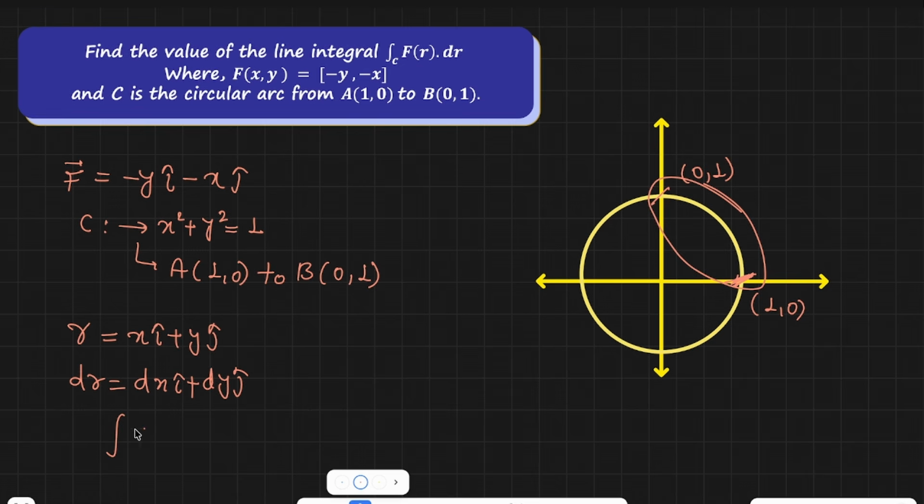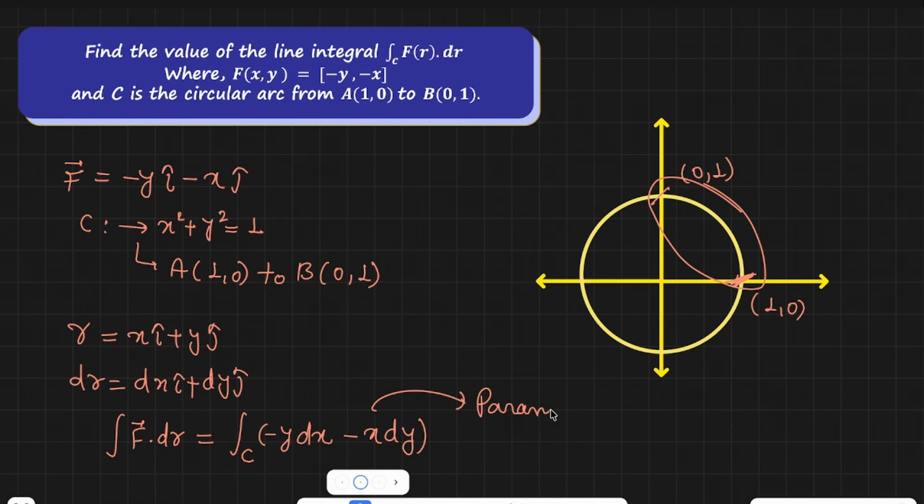You have to find out the integral of F dot dr. So your F dot dr is basically the integration of minus y dx, replacing your i with dx, and minus x dy. Okay, this is along this curve C. Now the problem is this is y and this is x. You have to convert into the parametric form.